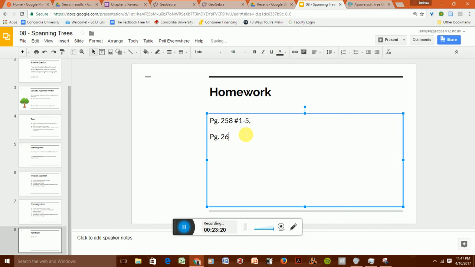We're going to look at numbers one through 6, and then we're also going to use Kruskal's algorithm to complete problems 11 through 16.